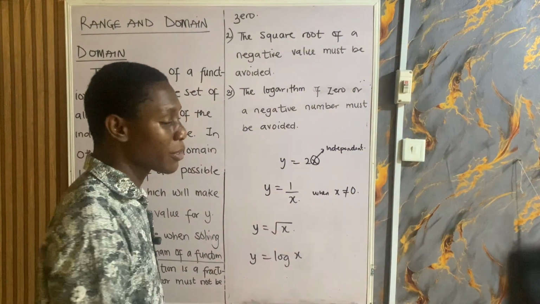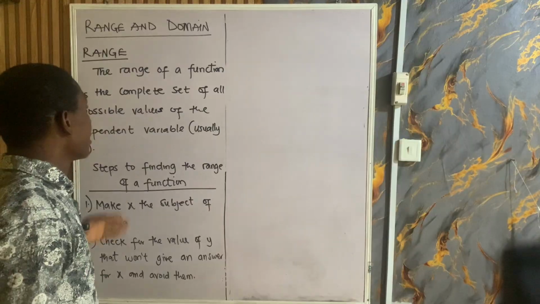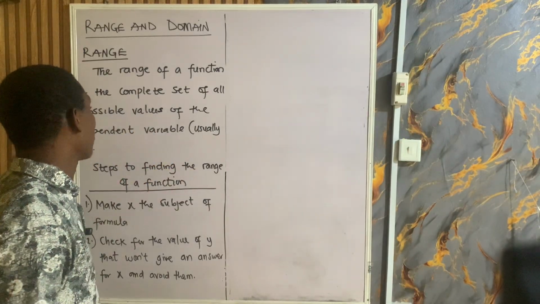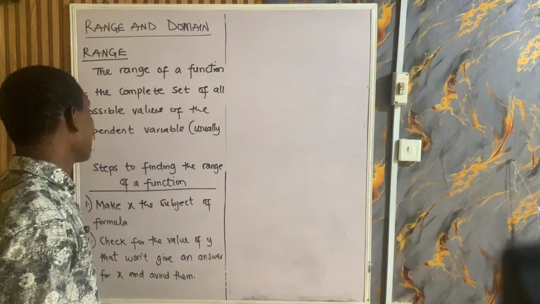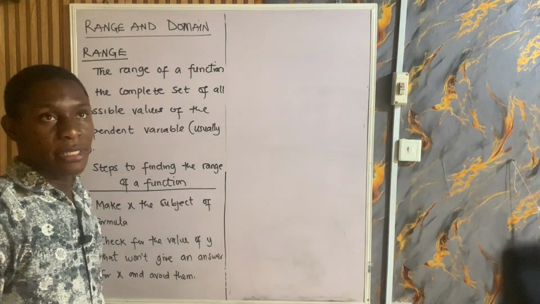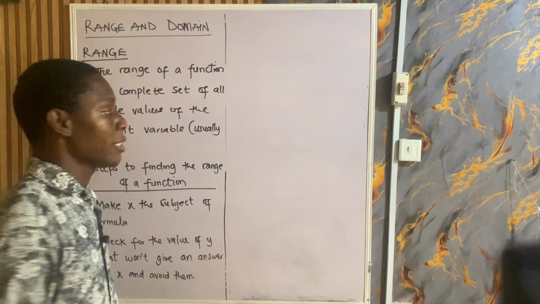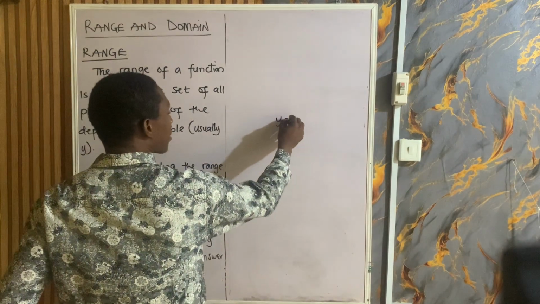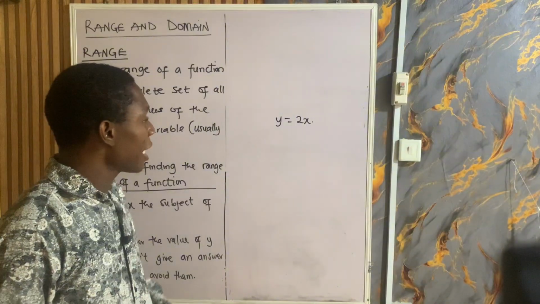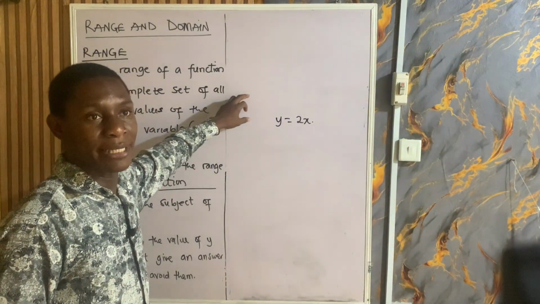Now we need to talk about range. See, the range of a function is a complete set of all possible values of the dependent variable. What we mean is this, like I said earlier, using y is equal to 2x, and I said that x is independent.